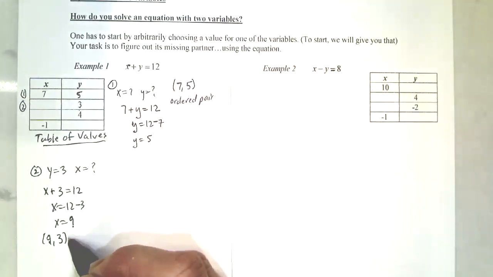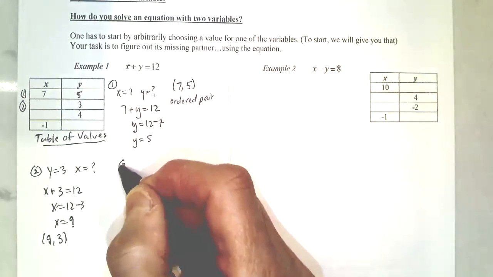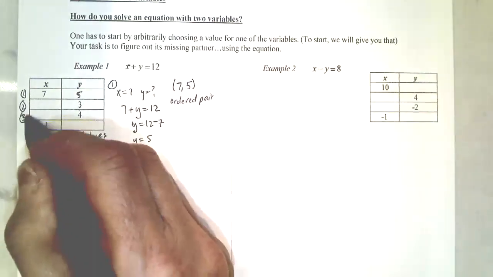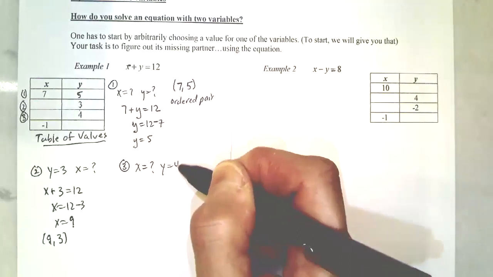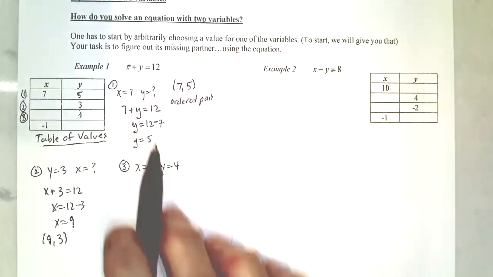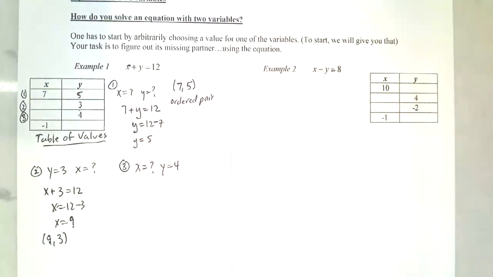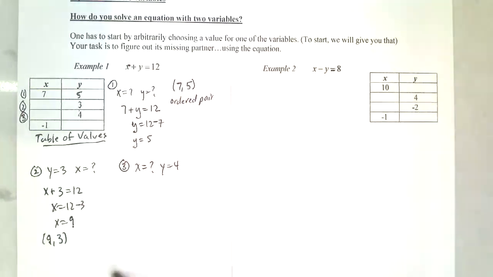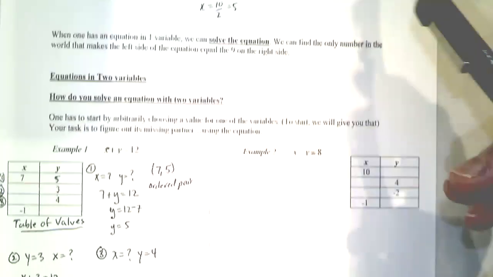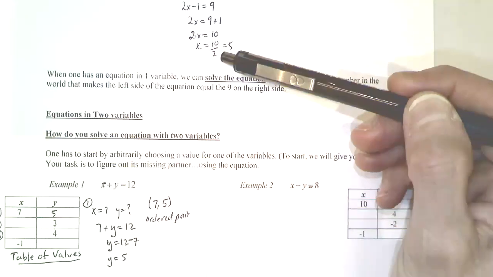This is a solution. We could do it again because you could do this over and over and over again as long as you find a pair of numbers that make this true. And this is the main difference between an equation in 2 variables and the equation in 1 variable.